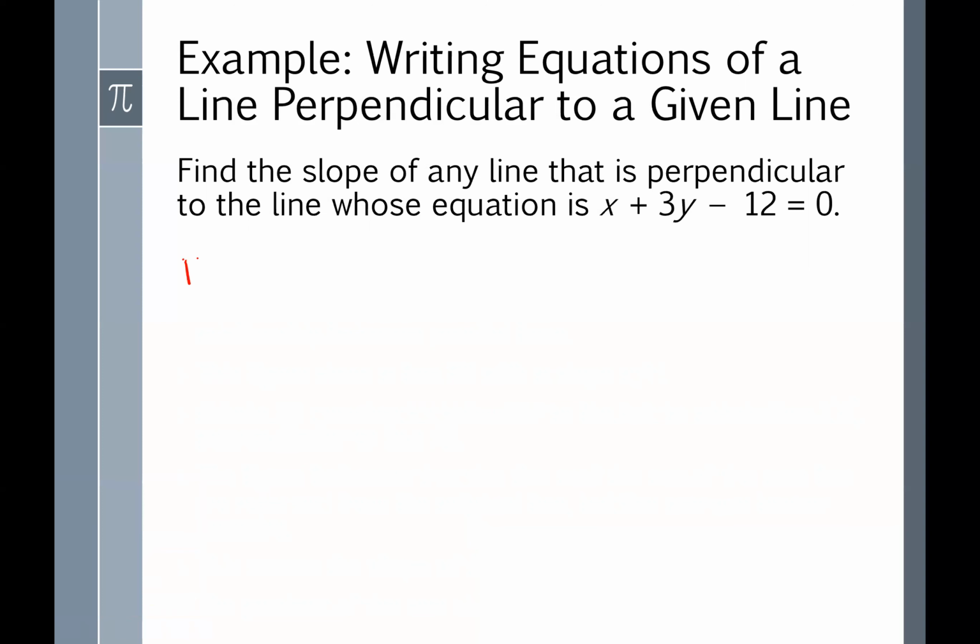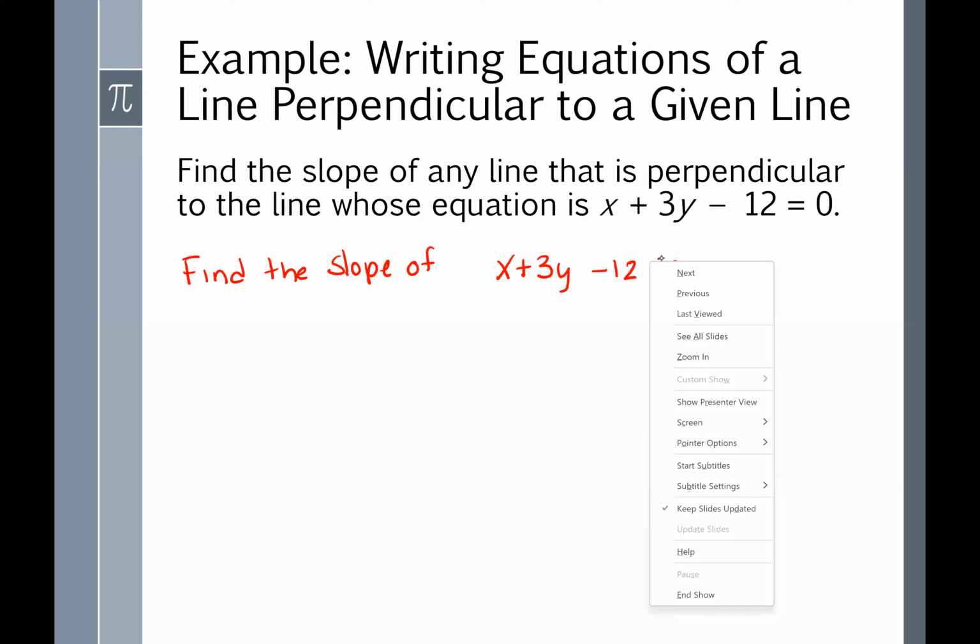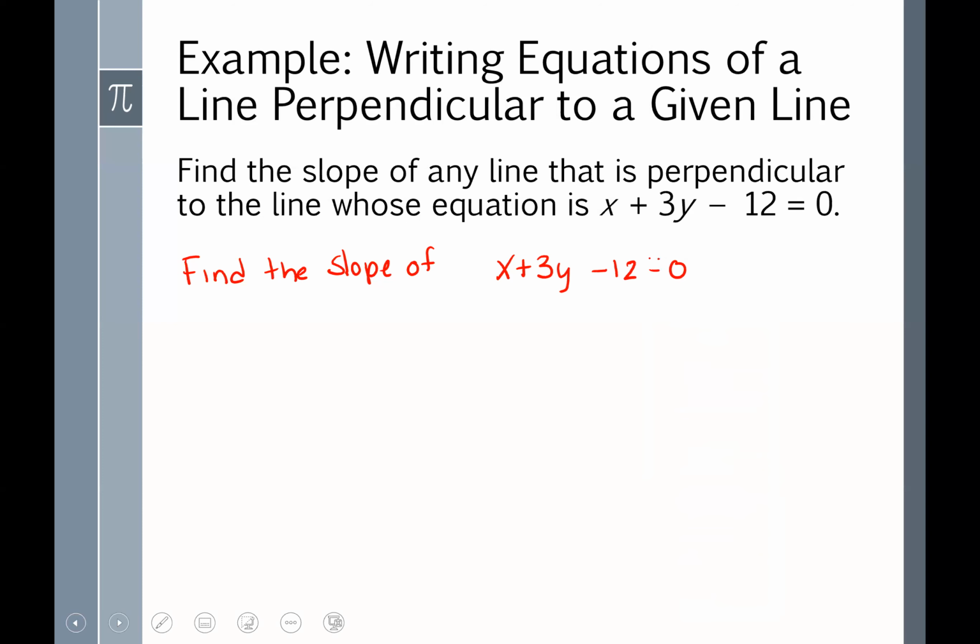So I need to find the slope of the line that I'm given. And to do this, it's in general form. So to do this, I need to solve this for y, because I want to put this in slope-intercept form.